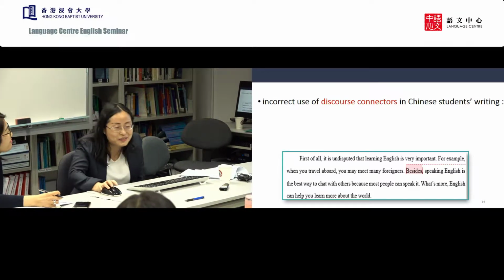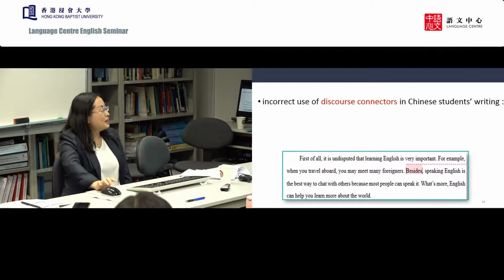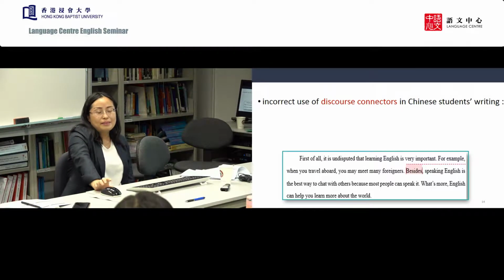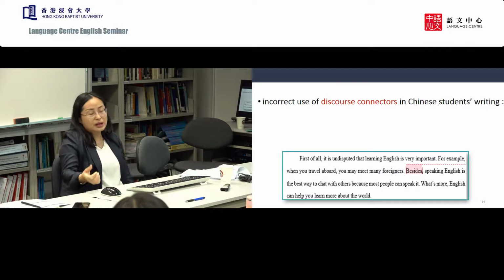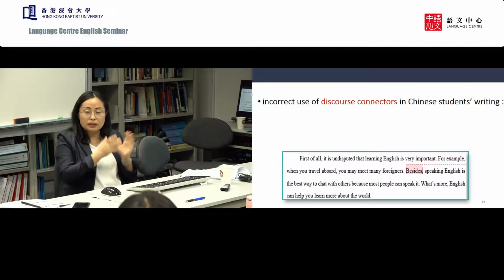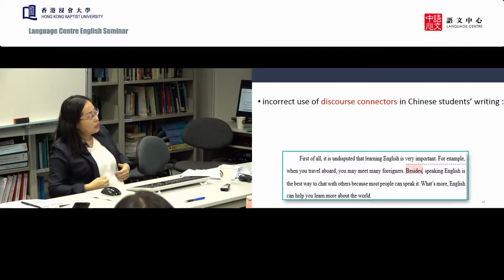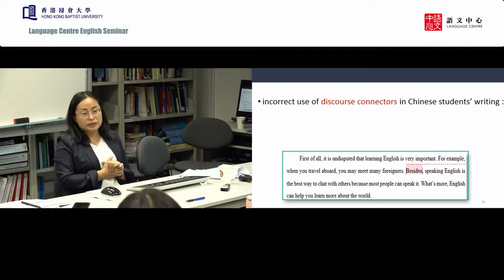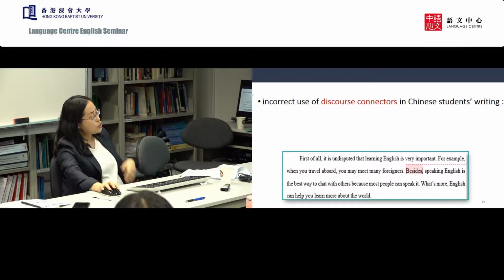They tend to overuse besides. Maybe because when they translate into Chinese, it's the same lexical item, but in English we make a distinction between besides and in addition. So we need to show students.